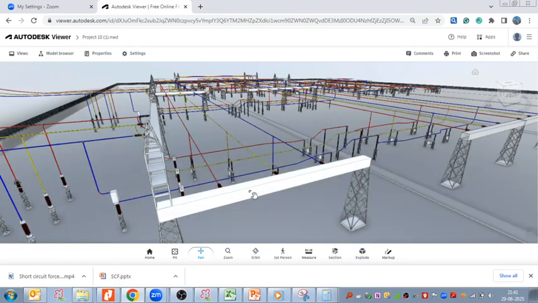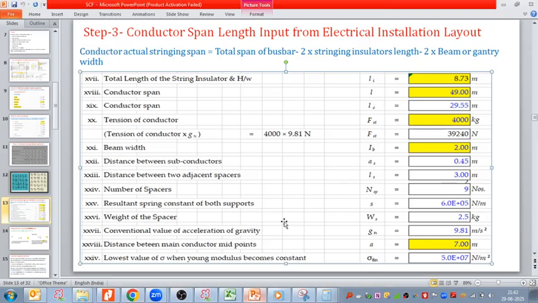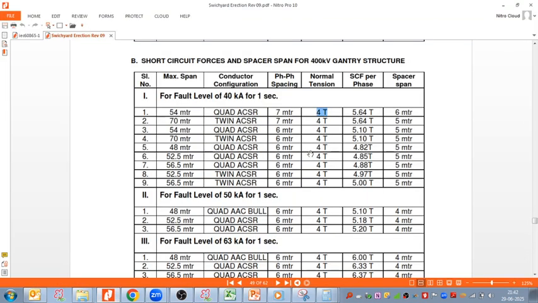Okay, so the force that is coming on this support structure initially, just static, without short circuit, that I'm taking. General practice, and for that practice I prefer Power Grid, that we take 1 ton per phase.